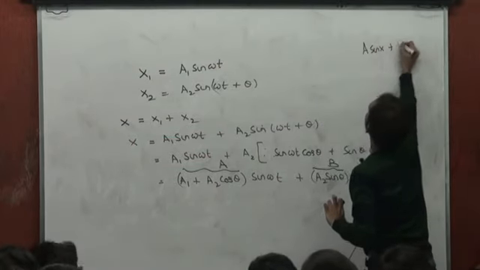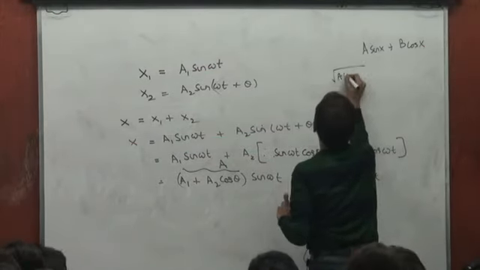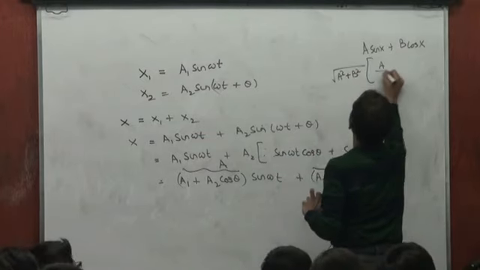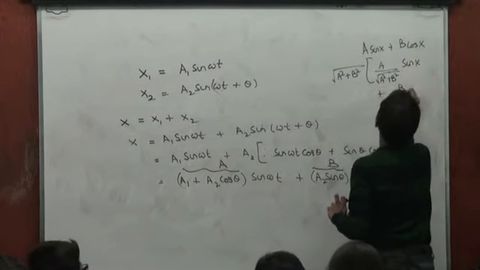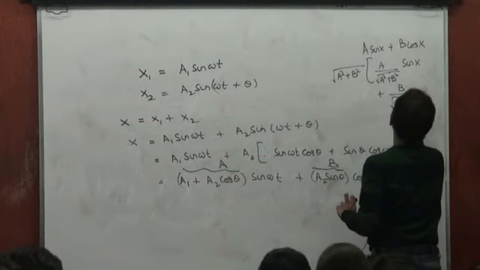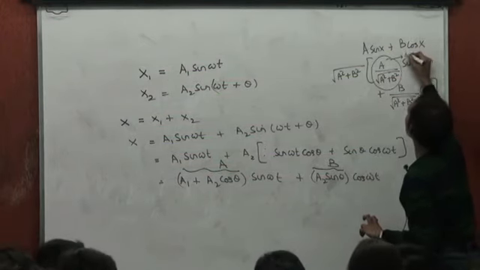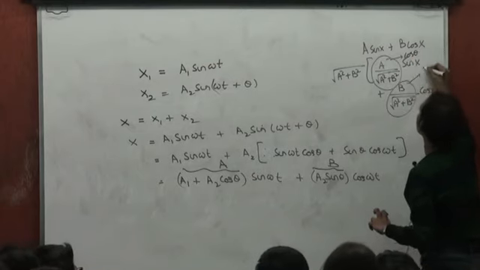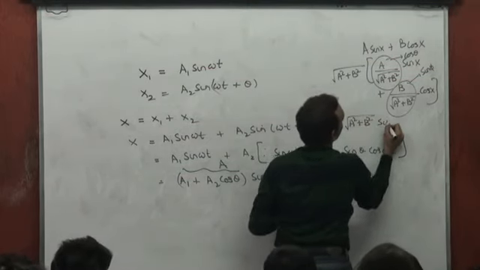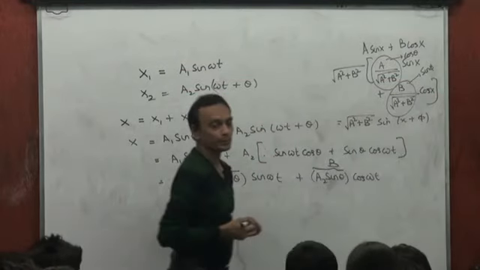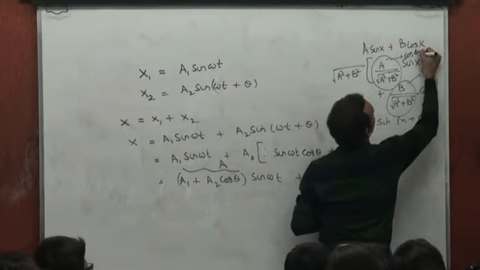Capital A sin x plus capital B cos x could be written, way back in trigonometry, as root a square plus b square times a by root a square plus b square sin x plus b by root a square plus b square cos x, where you can call this cos phi, and then this will turn out to be sin phi, leaving you with root a squared plus b squared sin x plus phi, where tan phi is b by a. Tan phi is b by a.